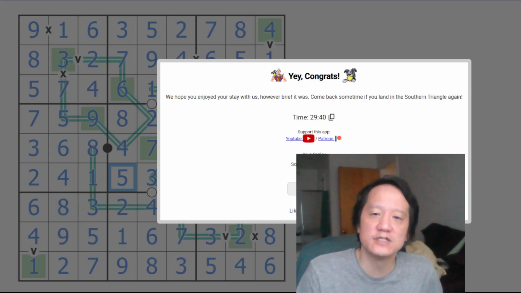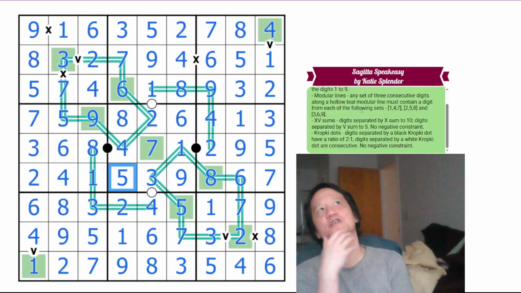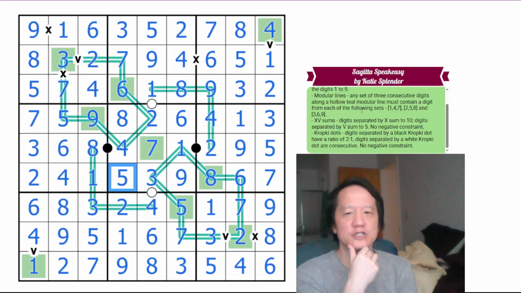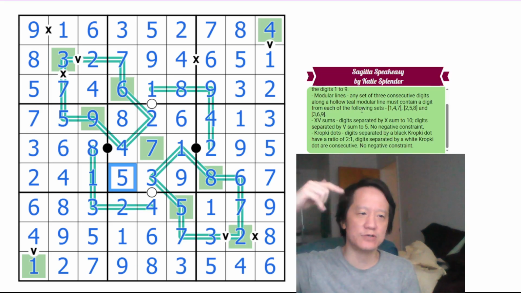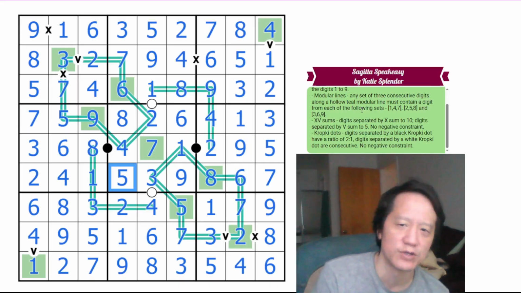It's because of Sagitta, right? Sagitta is, I believe, a constellation which is like the arrow. And so it's a Sagitta Speakeasy, which is, I guess, southern related. Because the arrow constellation is only seen from the southern hemisphere, I believe. I don't believe it's actually seen in the northern hemisphere.